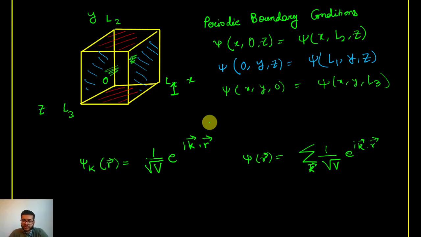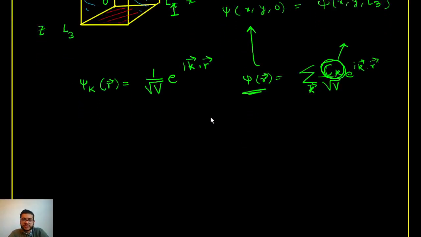Or let's say there are also coefficients ck. So we need to impose some constraints on ck to make this wave function follow these boundary conditions.